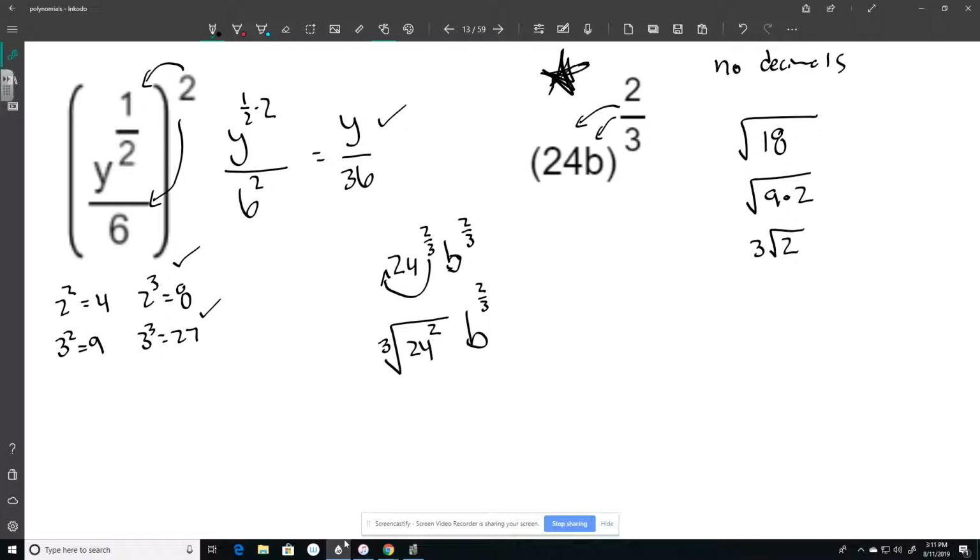Remember that number. 4 squared is 16. 4 cubed is 64. Remember that number. What we're looking for is we're looking to break up 24 into, we're looking for what multiplies to be 24.